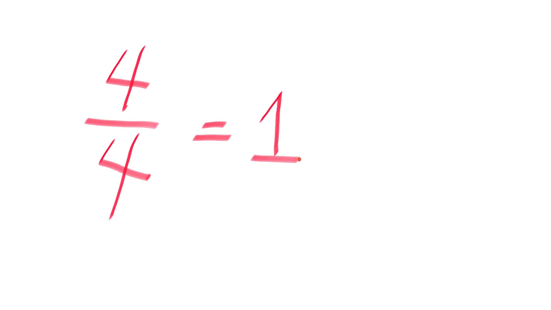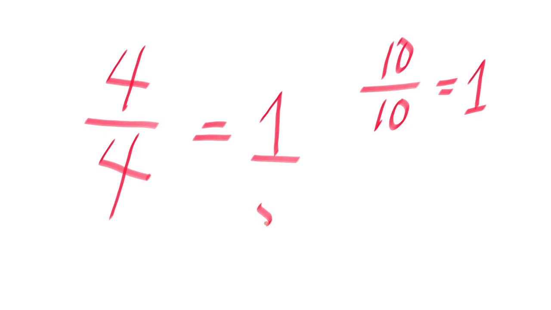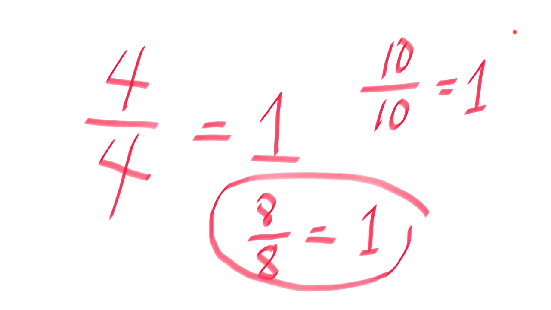That will be a whole number. You can have 10 over 10, an improper fraction. The answer is always 1. So again, whenever the numerator and the denominator are equal, and you divide them, the answer is always 1. Always remember that.